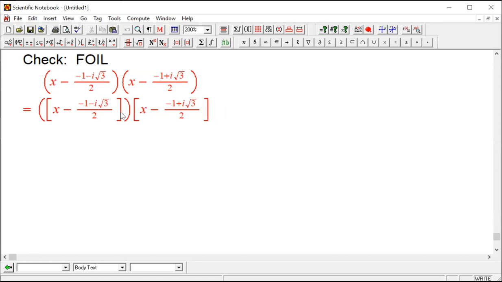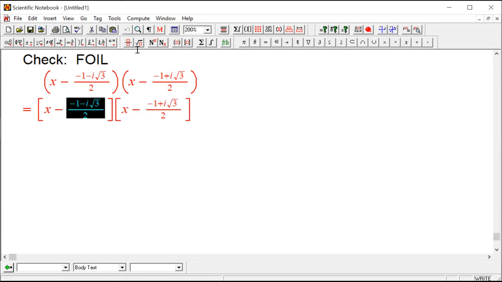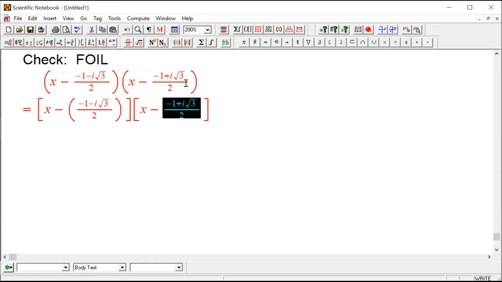I'm going to use a bracket, because inside here I'm going to put them in parentheses. I'm going to separate the real part from the imaginary part.